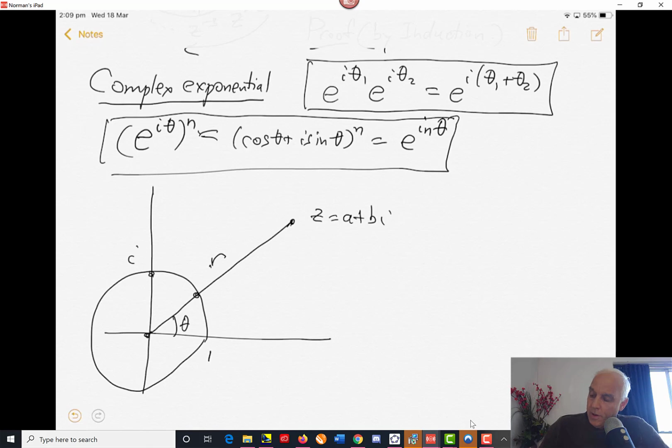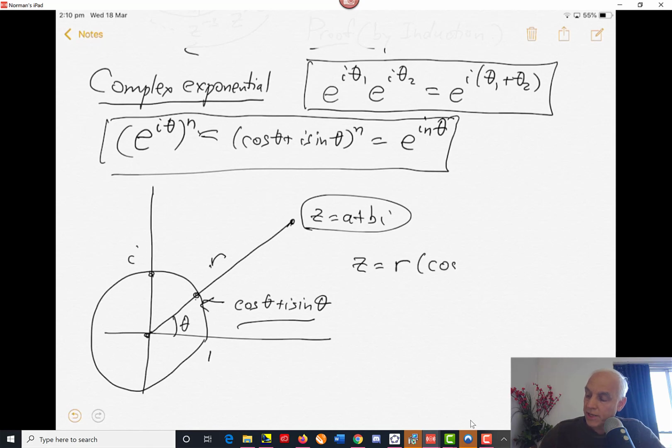This point here will be cos theta plus i sine theta, the point on the unit circle in the direction of z, but of modulus 1. And then the point z will just be a multiple of this one, so z is equal to r times (cos theta plus i sine theta).